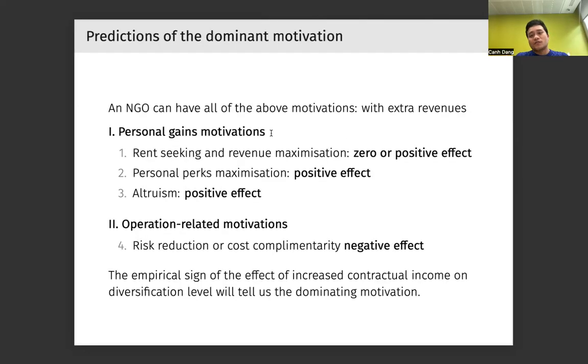So to summarize, following those intuitions, we have two broad incentives of an NGO and how they would react following some extra revenue. If the NGOs are motivated by some personal gains, for example, maximizing the revenue or maximizing their personal perks, or simply to increase their warm glow, some good feeling from helping other people, then an increase in extra income would be associated with a higher level of diversification.